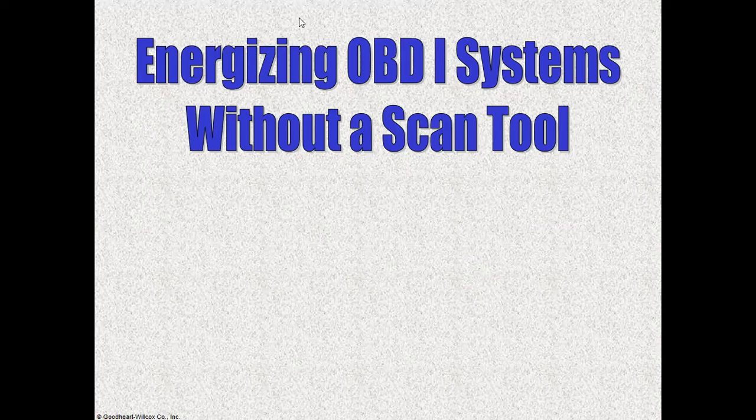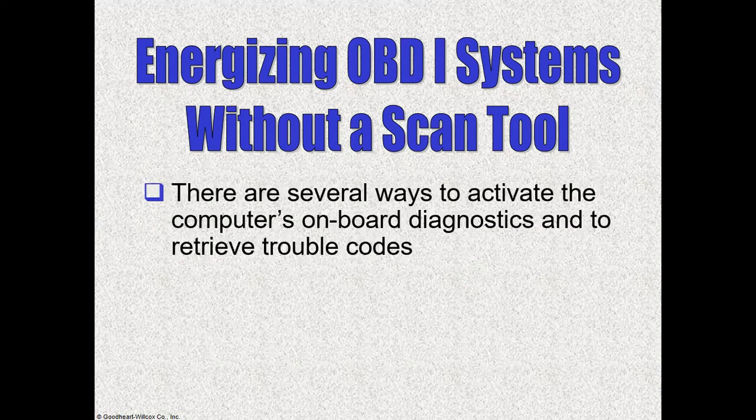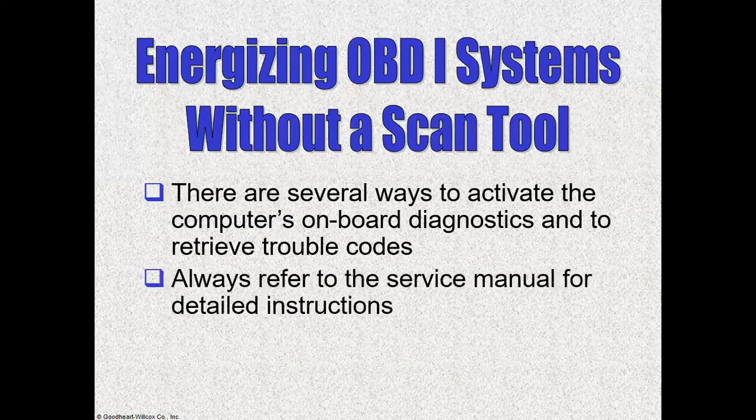So, energizing an OBD1 system without a scan tool. There are several ways to activate the computer's onboard diagnostics and retrieve trouble codes. Always refer to the service manual for detailed instructions.